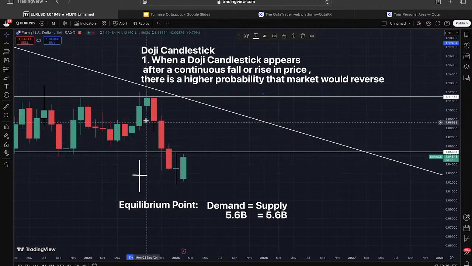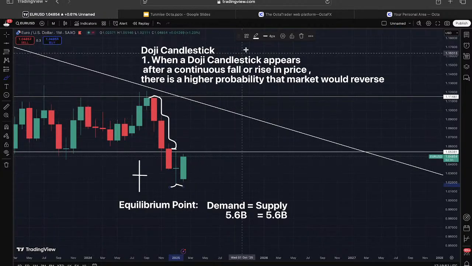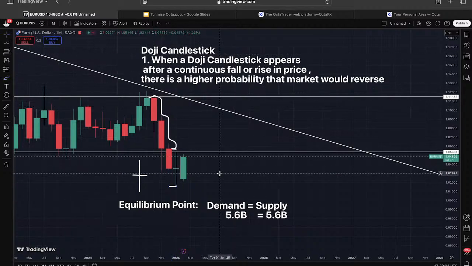It means that after a consistent fall in price, as we can see here, don't forget this is a higher time frame, so the fall in price is actually worth it. After a consistent fall in price, when you see a doji appear, there is a higher likelihood that market would reverse.